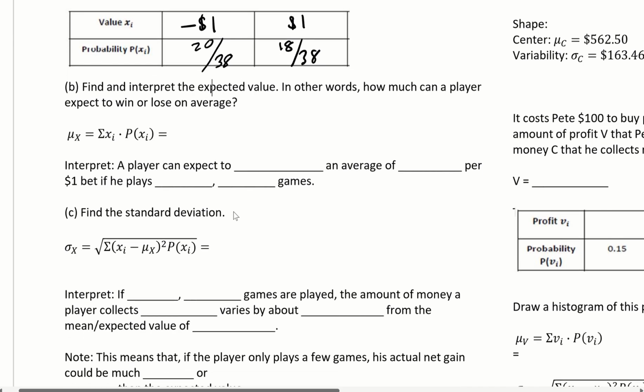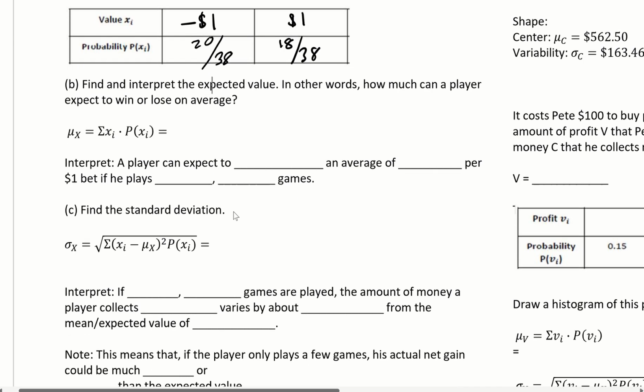So what's the expected loss here? How much on average will we expect to lose or win? We know that there's a greater chance of losing, so we know that overall it's going to be a loss. So what's the expected value or the average? Okay, so we talked about this in the previous lesson. To calculate the expected value or the mean, you multiply the x times probabilities and you add them together.